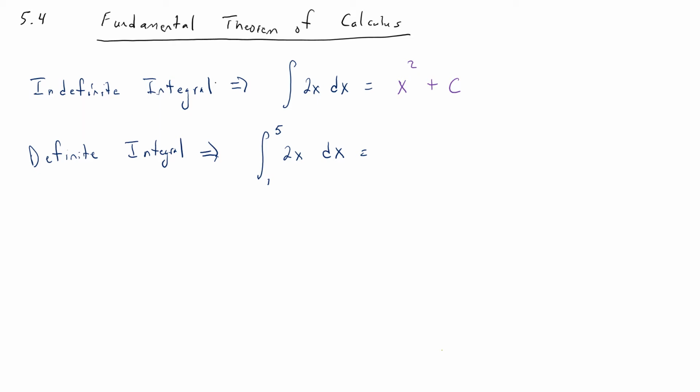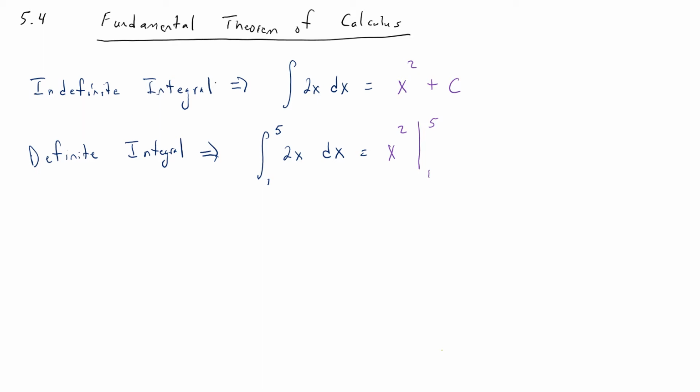The integral of 2x is still x squared. But on the definite integrals, we don't put a plus c. We never put plus c. What we do is draw a vertical line back on the end, and then we place the 1 and the 5 on the back like that. And we're going to see what we do with those numbers. So what do those numbers mean? Right, we're going to deal with them right here.